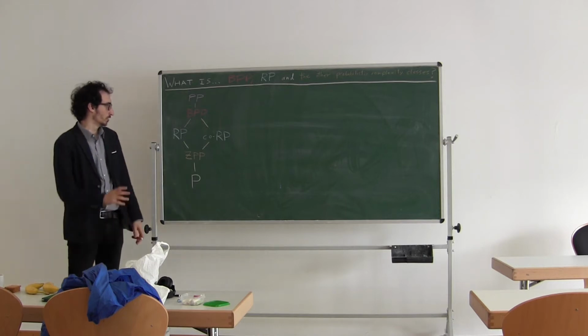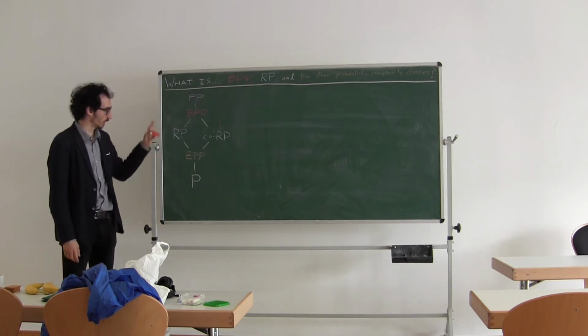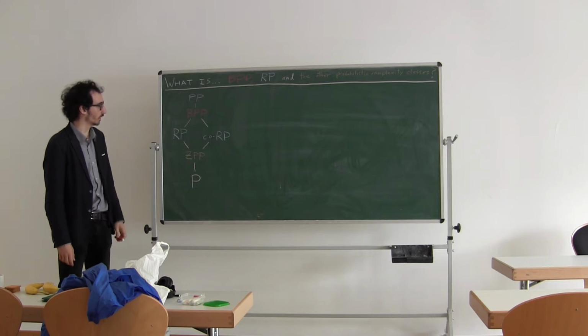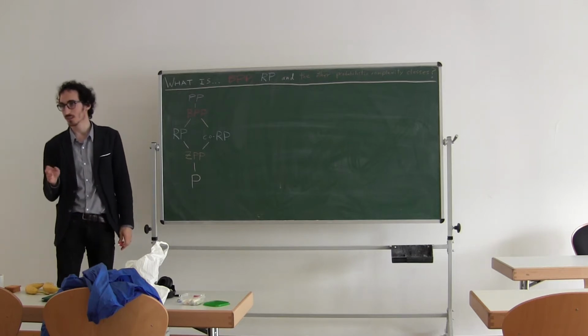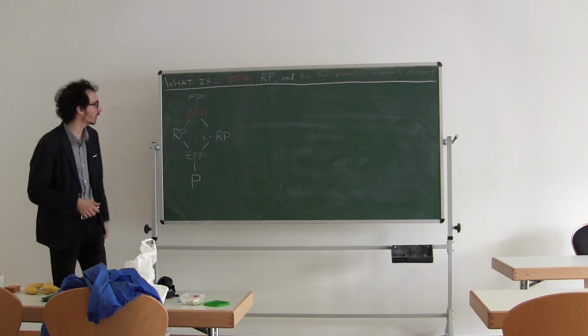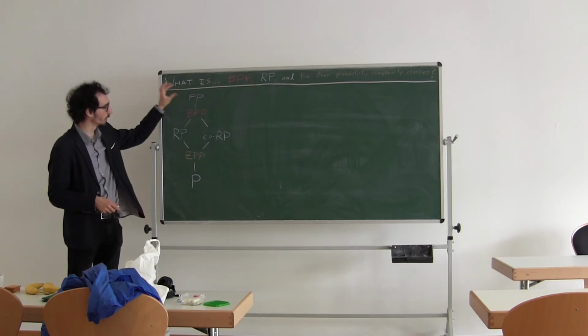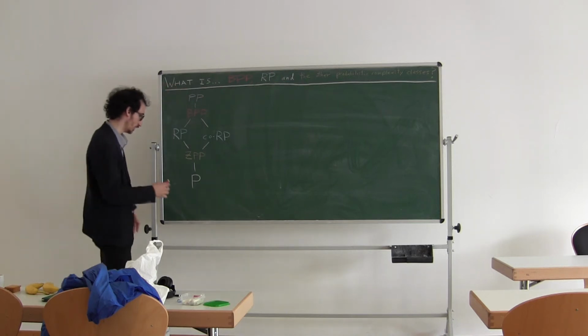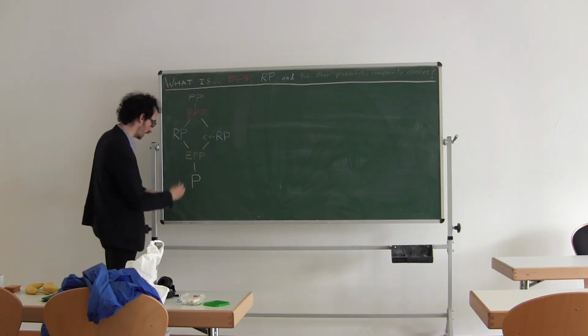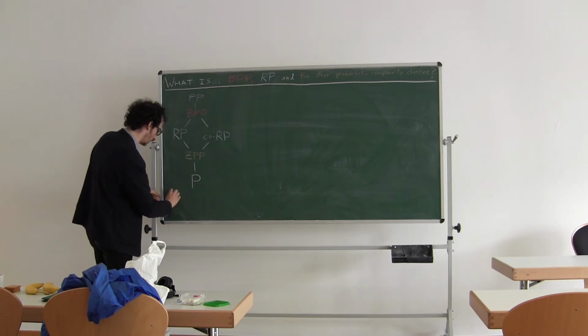Okay. So before I start, let's just make a reminder. Usually in complexity theory, we center on complexity classes related to decision problems. So this means we are interested in languages.